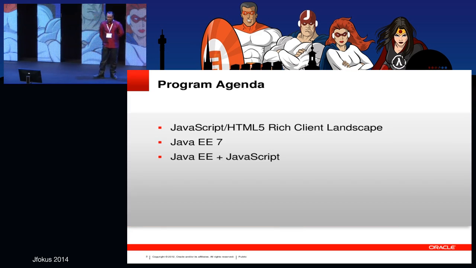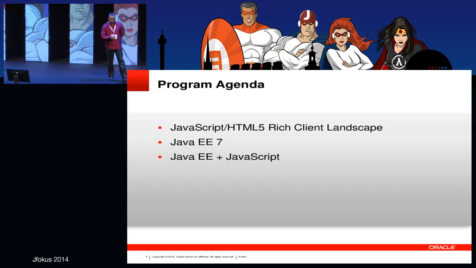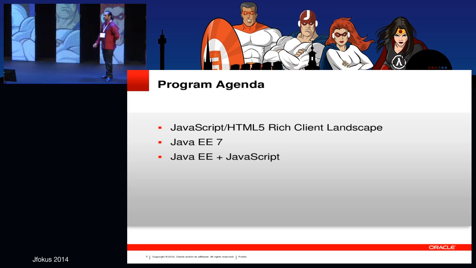Okay, so my motivation for the talk today is fairly obvious. Basically, I want to tell you a bit about the evolving JavaScript HTML5 rich client landscape. Unless you're on some really exotic island somewhere, you have probably heard that this is a fundamental paradigm shift that's coming your way.